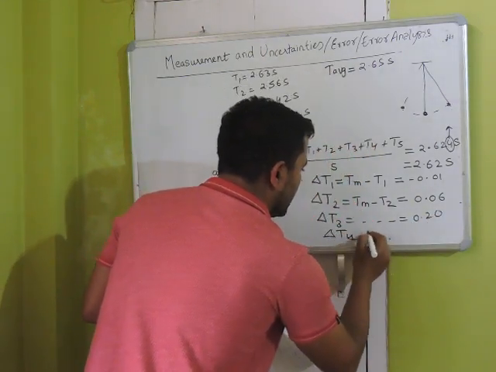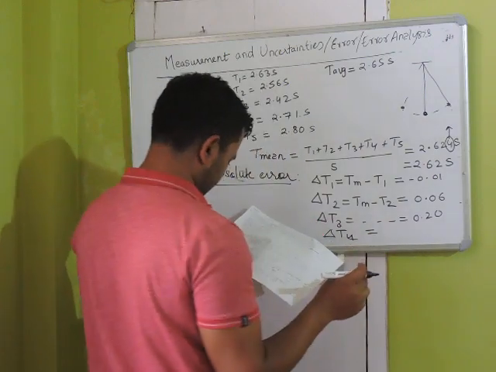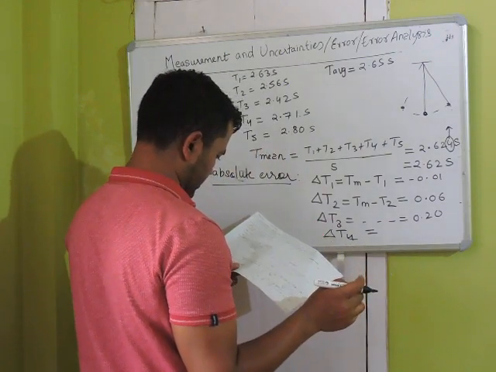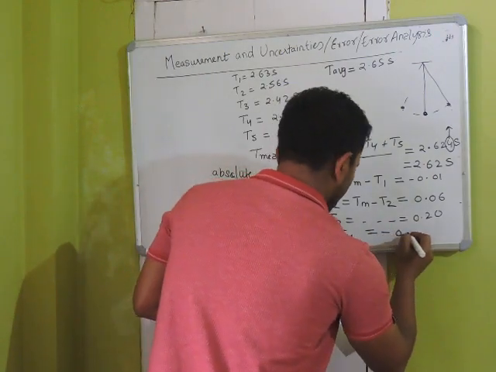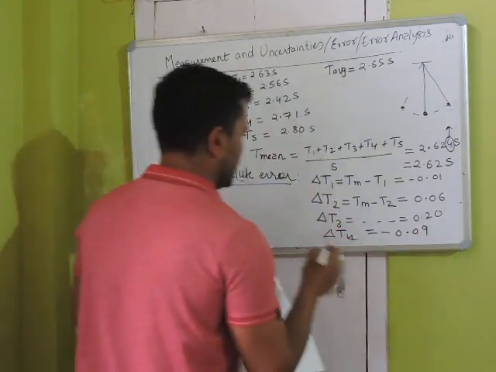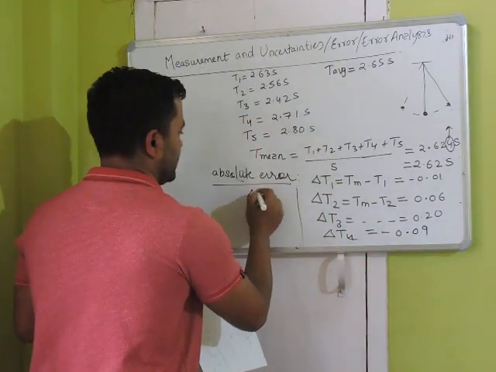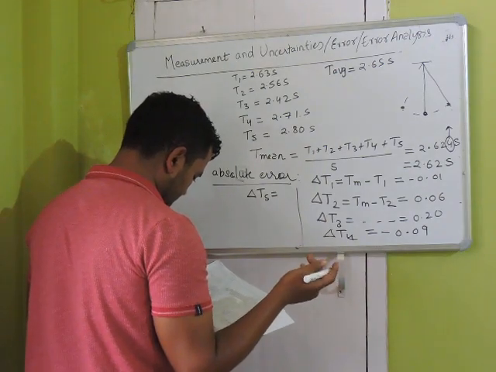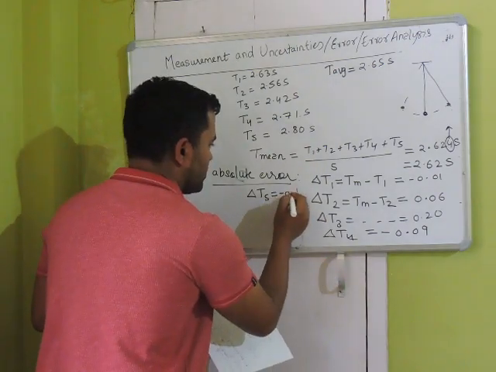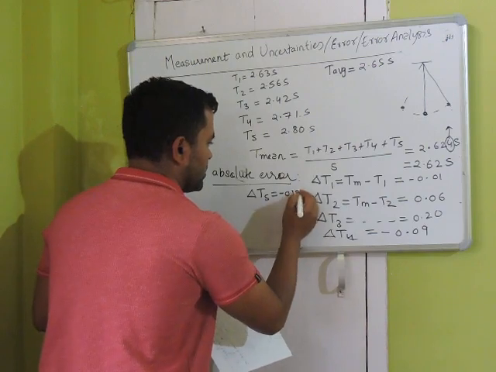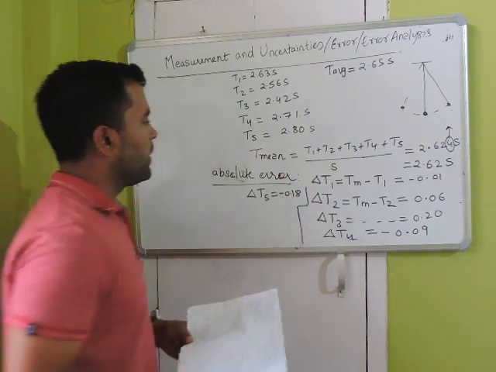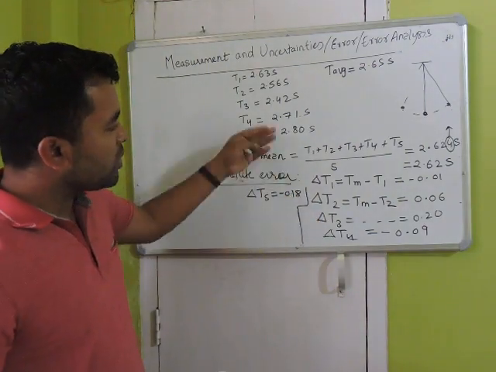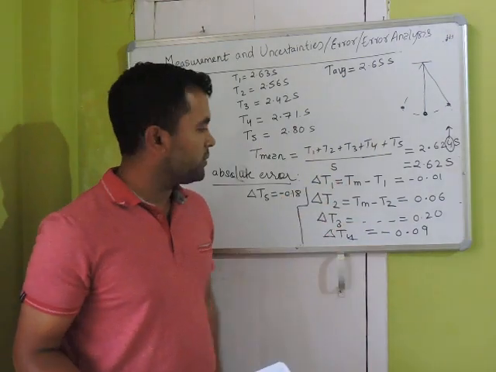Delta T4 is minus 0.09 and delta T5, if you calculate the same way, is minus 0.18. All are in second. So the absolute error in each observation is calculated like this.